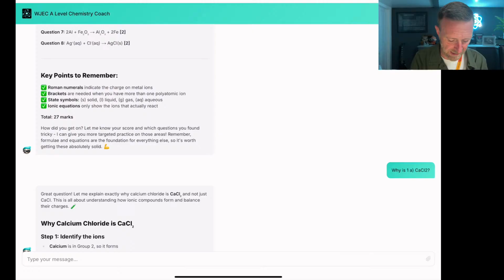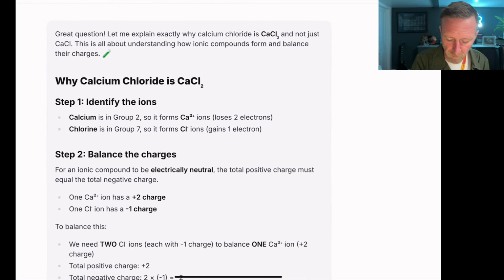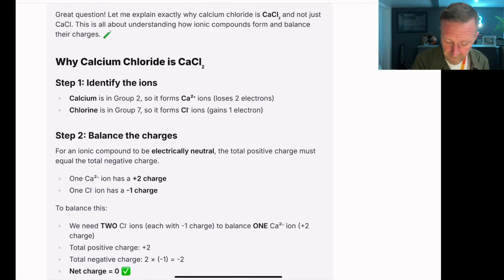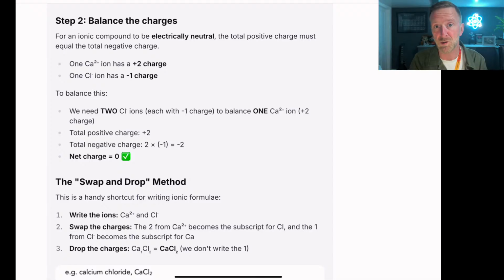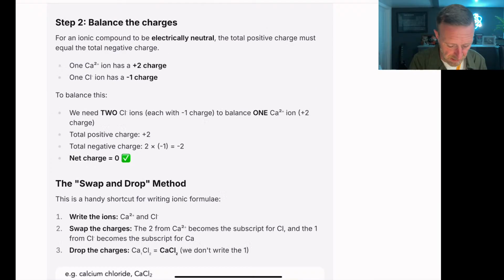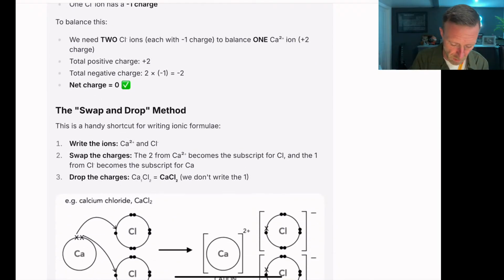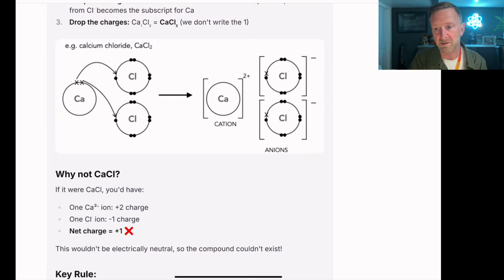Why is this CaCl2 and not CaCl? So there you go, calcium's in group 2, so it forms Ca2+ ions, chlorine's in group 7, so it forms Cl-, and it shows how to do it. There's one method where we work out the net charge and cancel the charges, but of course there's also the swap and drop method. And look at that, there's even a picture of how calcium chloride is formed based on the ions as well.